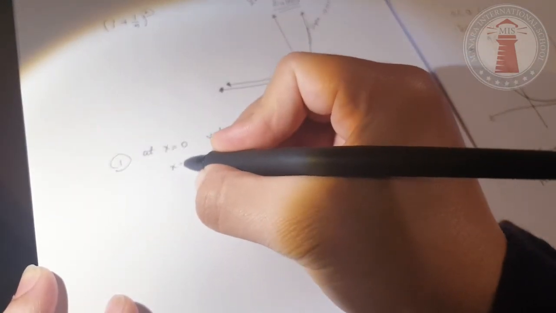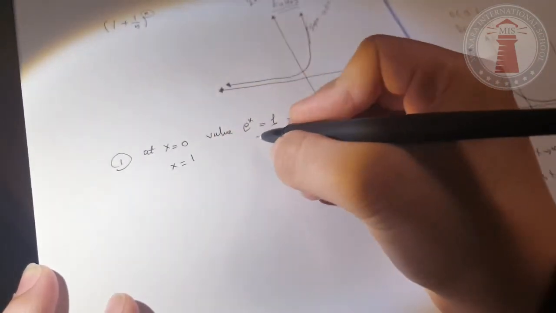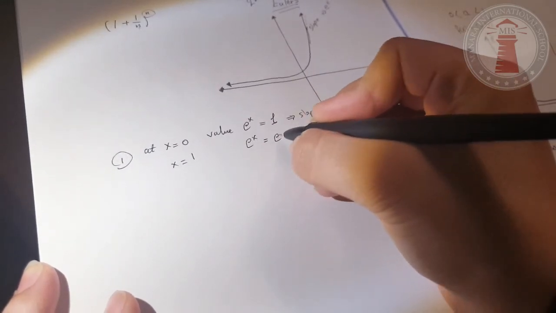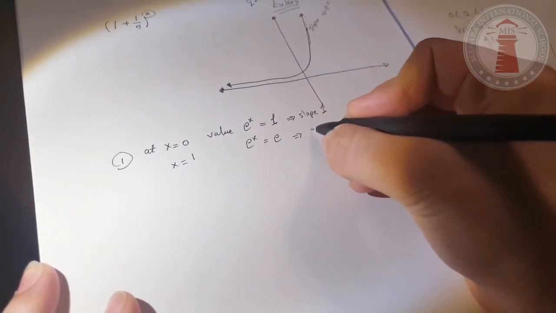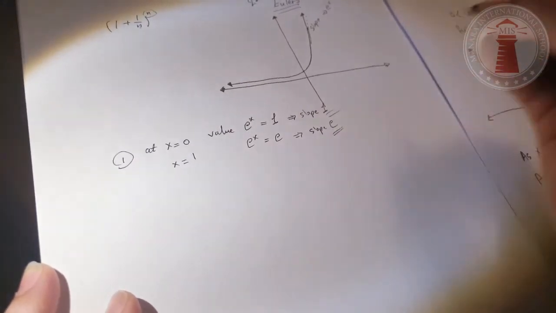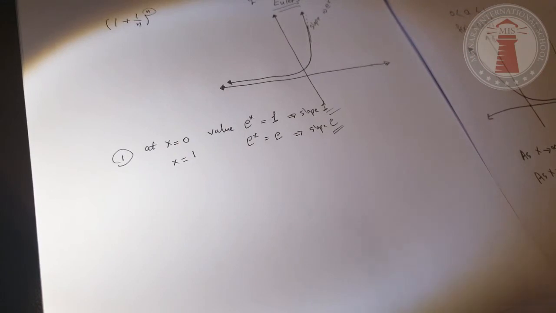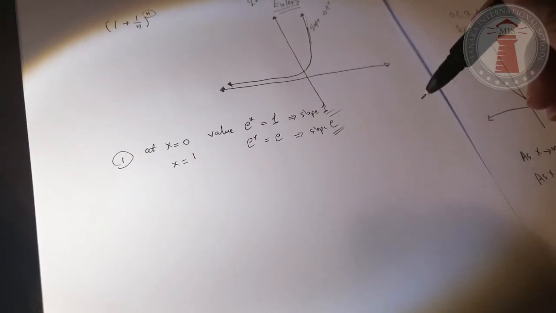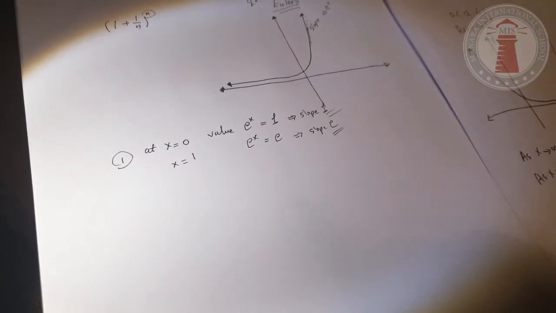Another example, if x is equal to 1, the value of e to the x is e to the power of 1, and the slope also will be e. That's why when you use e, the Euler number, in differentiation, you will get e to the x itself, so the differentiation of e to the x is e to the x.